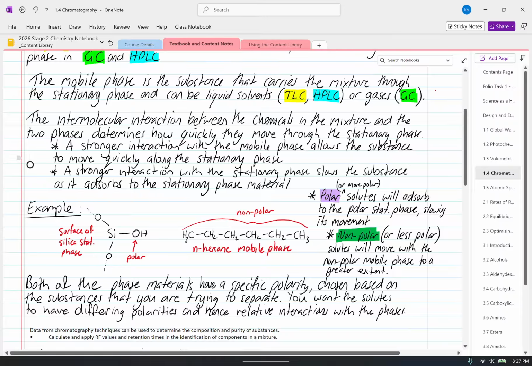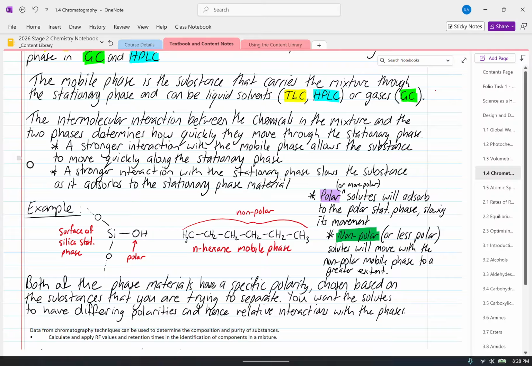If you are putting your mixture through the stationary phase, and there is a strong interaction between one of the components and the stationary phase, they'll essentially stick.